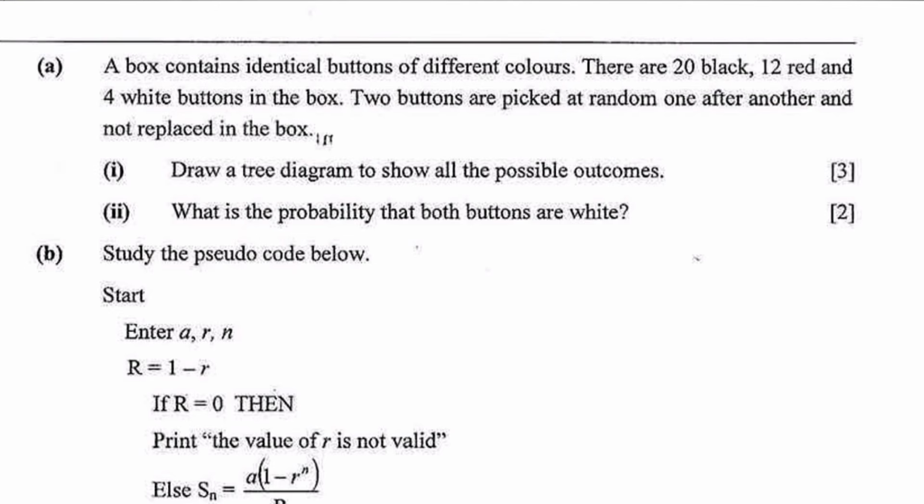So we have this question. A box contains identical buttons of different colors. There are 20 black, 12 red, and 4 white buttons in the box. 2 buttons are picked at random, one after the other, and not replaced. Okay?